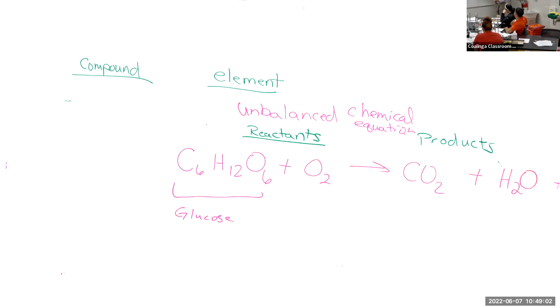Now, this is called cellular respiration. If you took any form of biology, you talked about your muscles. Muscles need ATP. You've talked about cellular respiration. Probably don't remember it, but you talked about it. If you talked about bacteria, guess what they do? They go through cellular respiration.